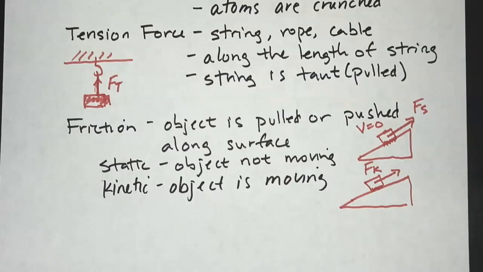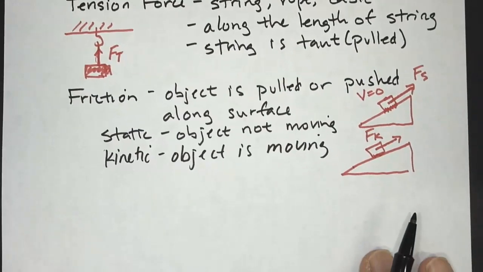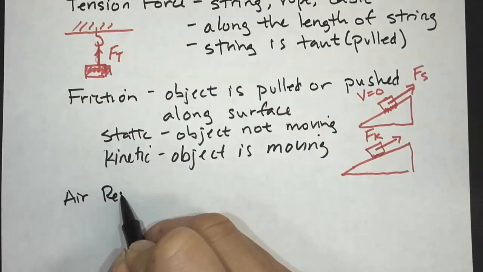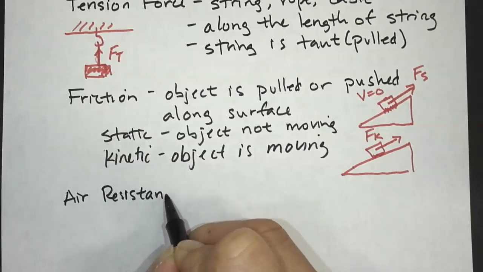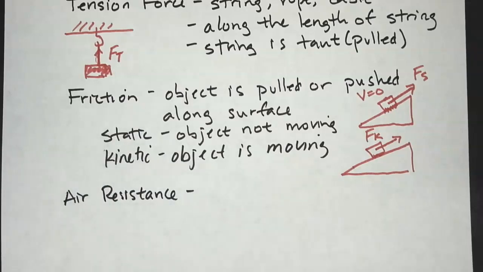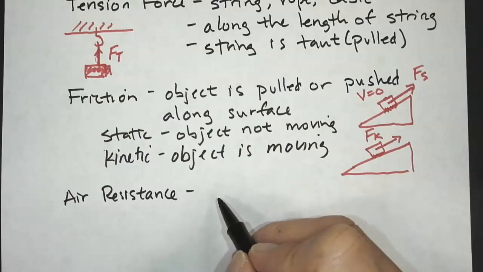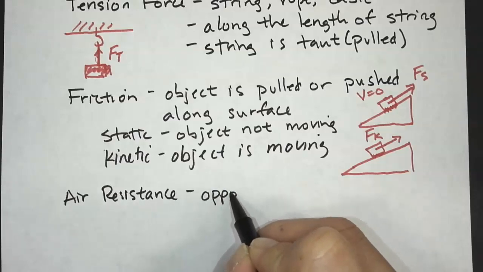Next, we're going to take a look at air resistance. And this is a special type of friction force. It's going to be in the opposite direction of the motion.